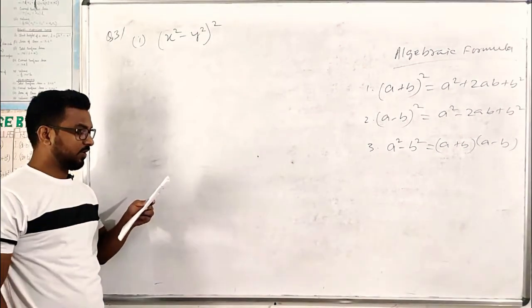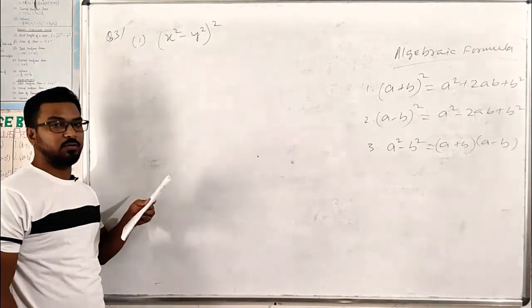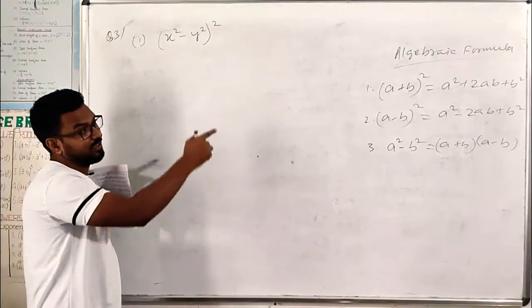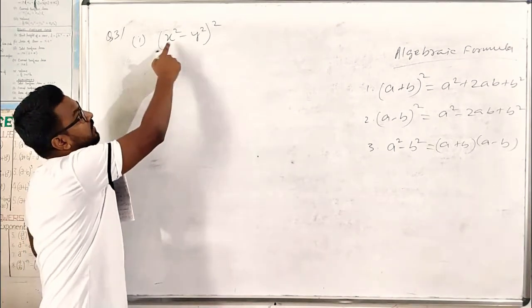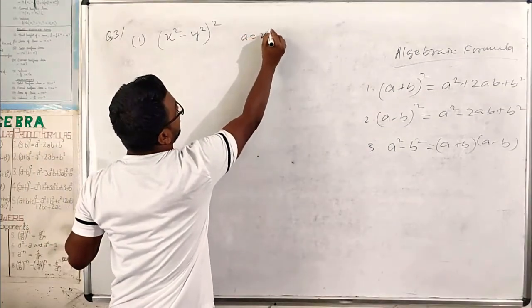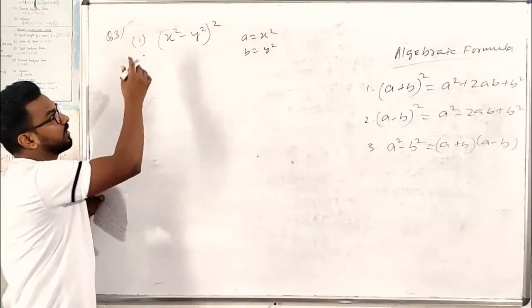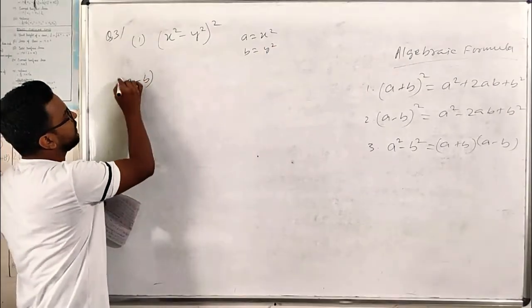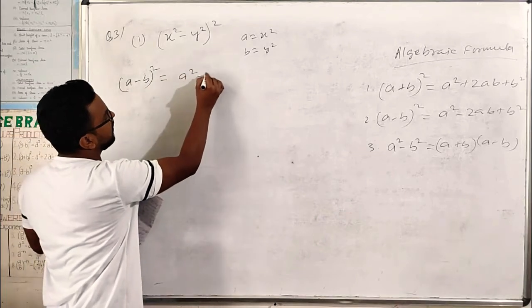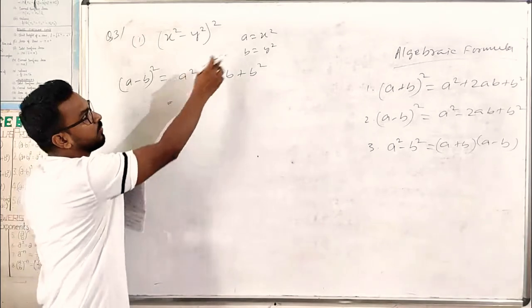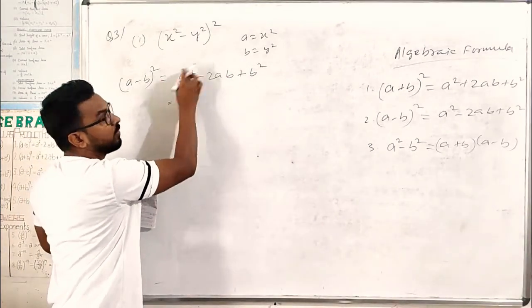So our next question is given, express the following as a trinomial. Okay, so this will follow which formula? The second formula, a minus b whole square. Here a is x square and b is y square. Okay, so you just write down the formula, that is a minus b whole square, that is a square minus twice ab plus b square. So replace the value of a. What is a? A is x square. x square whole square is there, right?